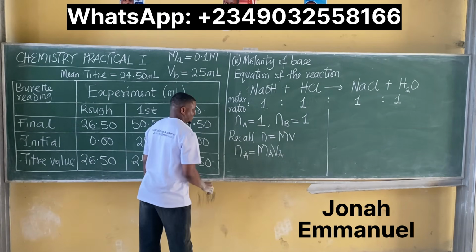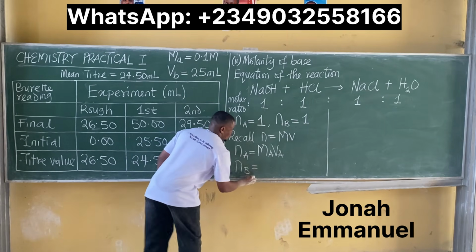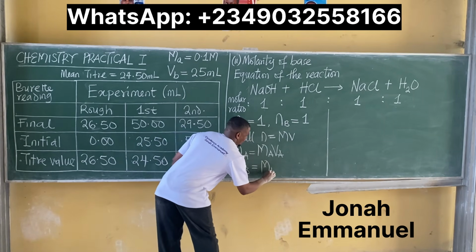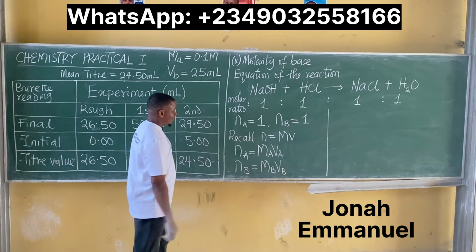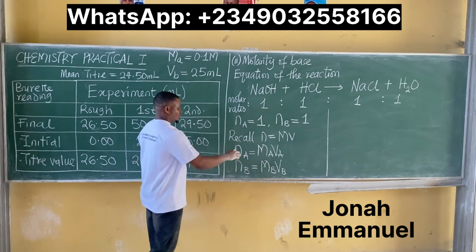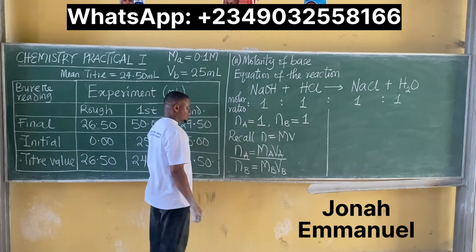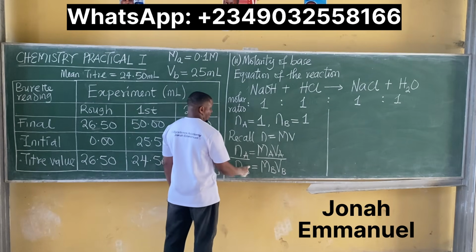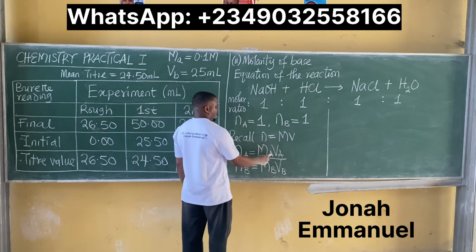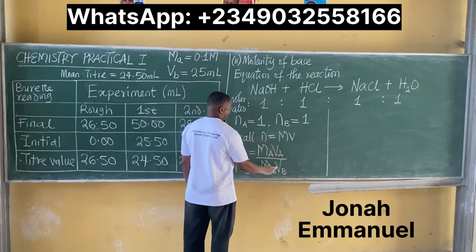And for the base, the number of moles of the base is equal to the molarity of the base times the volume of the base. At this juncture, you can just divide them. The ratio of the number of moles of acid to the number of moles of base is equal to molarity of acid times volume of acid, all over molarity of base times volume of base.